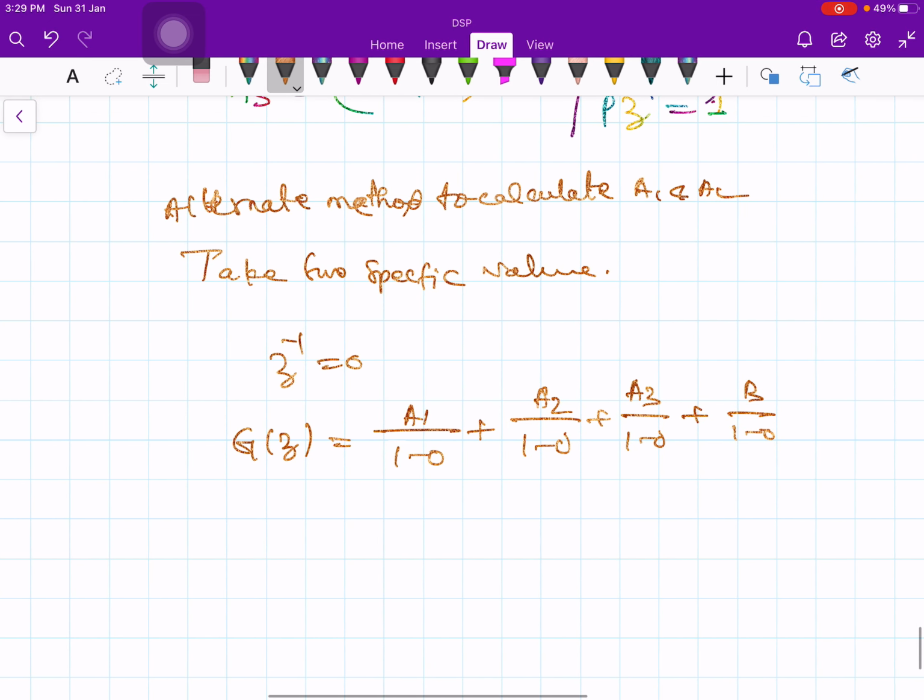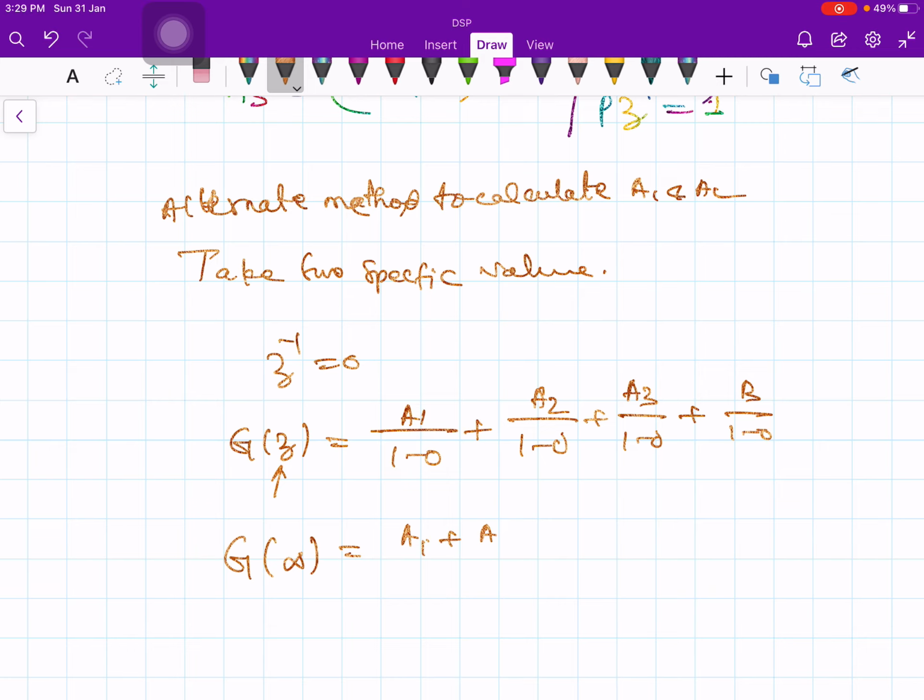When z inverse equals 0, then z becomes infinity. Therefore, G of infinity is equal to a1 plus a2 plus a3 plus b.